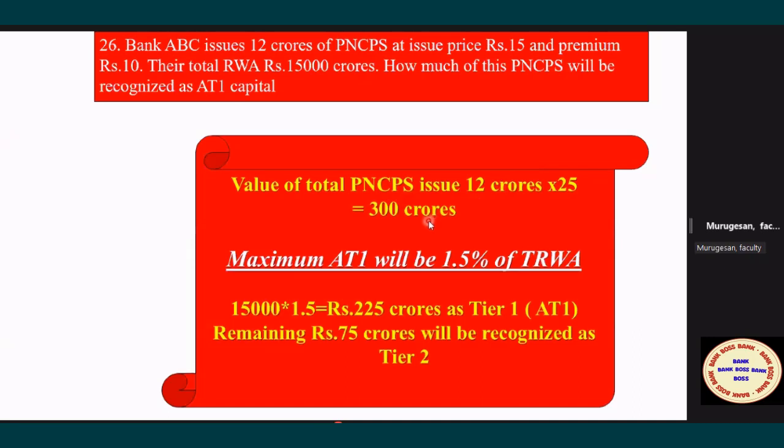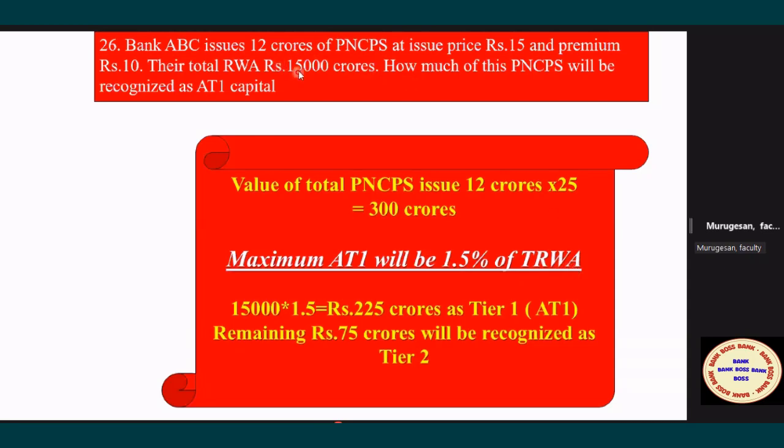Out of the 300 crores, the AT1 maximum is 1.5% of TRWA, total risk-weighted assets. This will qualify under AT1 only, not CET1. So how much maximum can you allow? 1.5% of total risk-weighted assets.